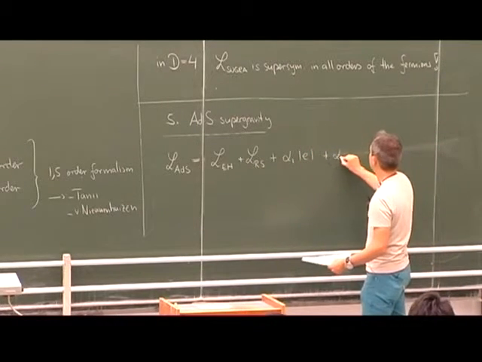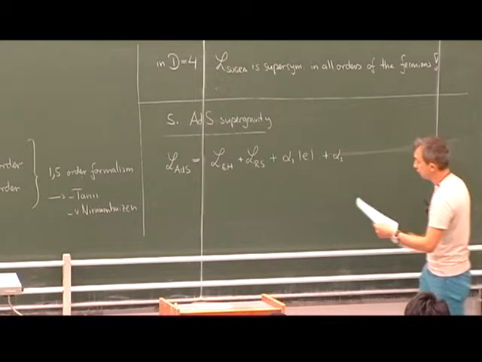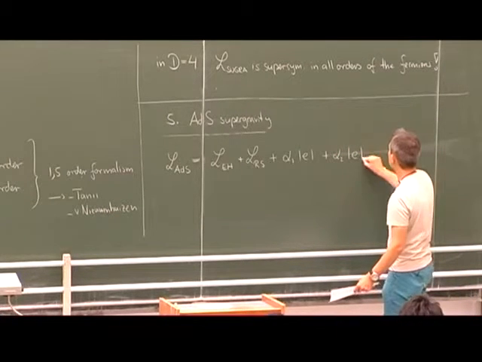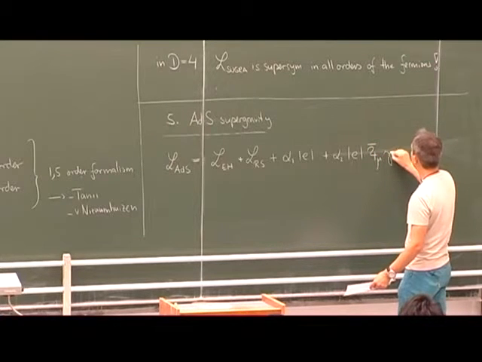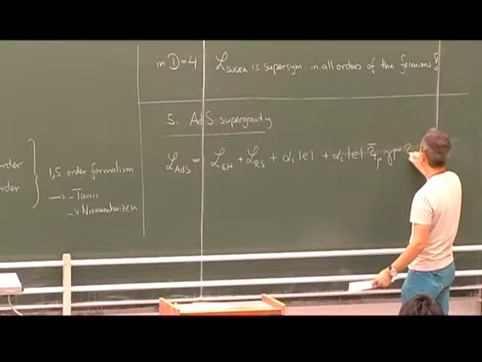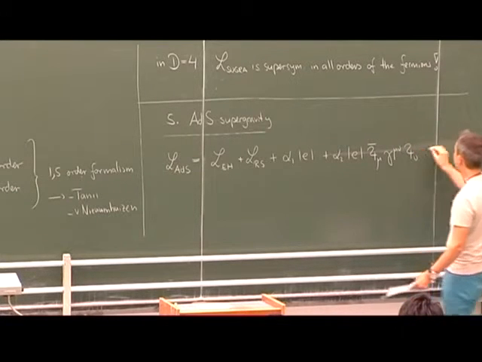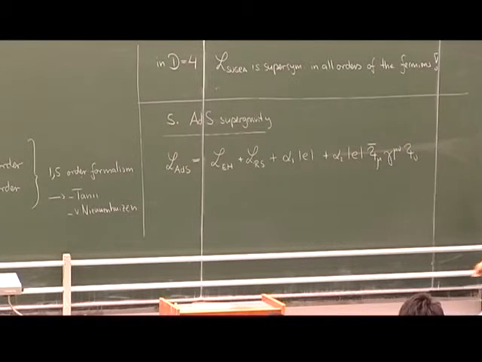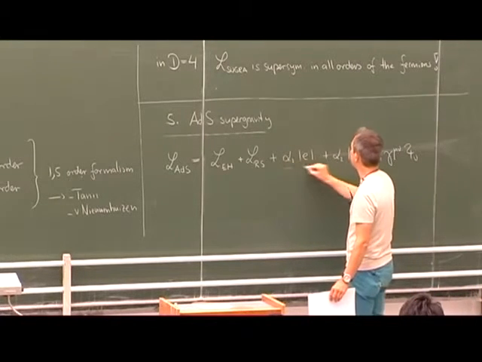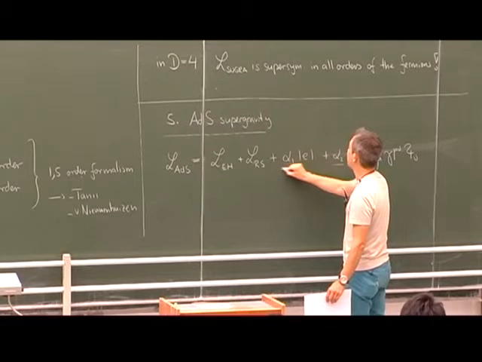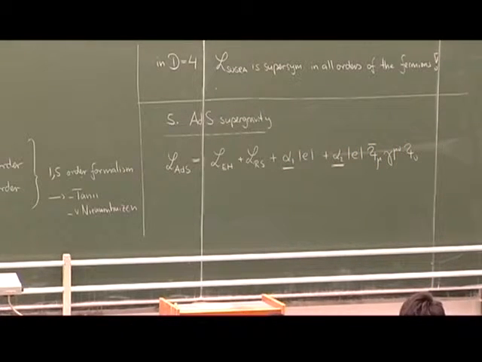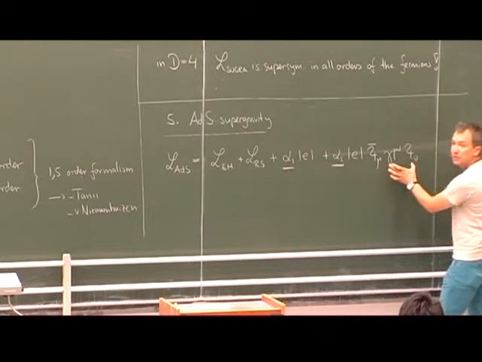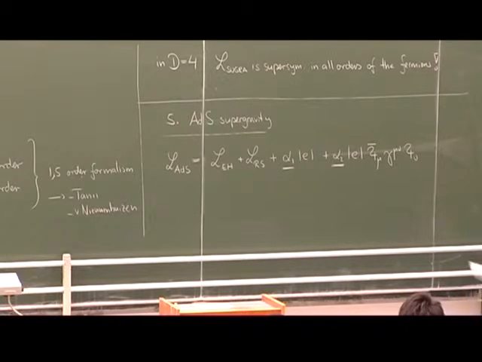There's a term which looks like a mass term for the gravitino. It goes like this: psi bar mu, gamma mu nu, psi nu, with another constant, alpha 2. So that's the simplest extension of that supergravity Lagrangian, a cosmological constant and a mass term for the gravitino.